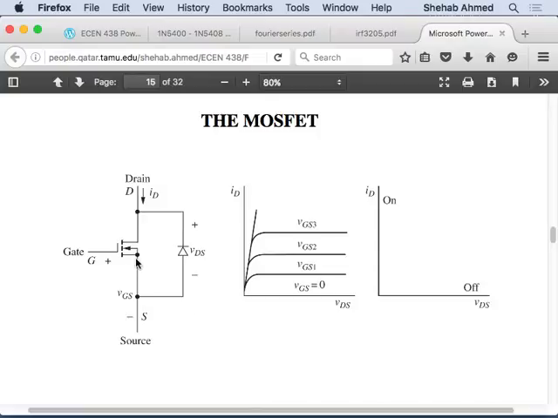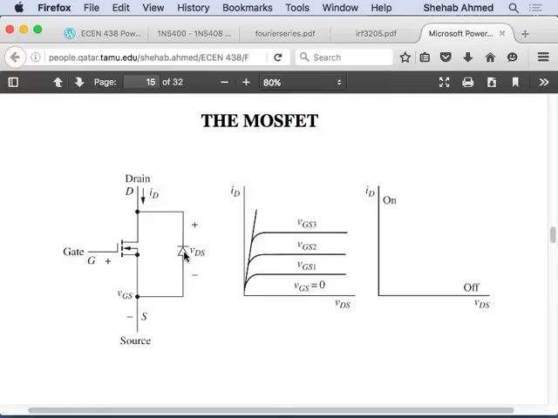So this is an N-channel MOSFET, and they draw this diode because, if you remember the structure of the MOSFET, it's a PN. For example, if it's an N-channel MOSFET, you had a P substrate and then two N-channel materials on top.